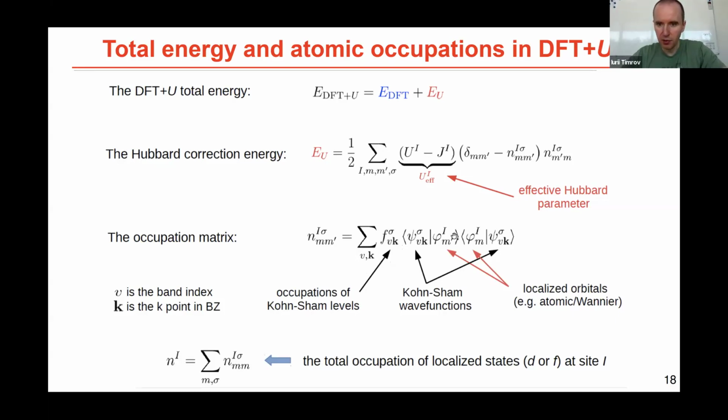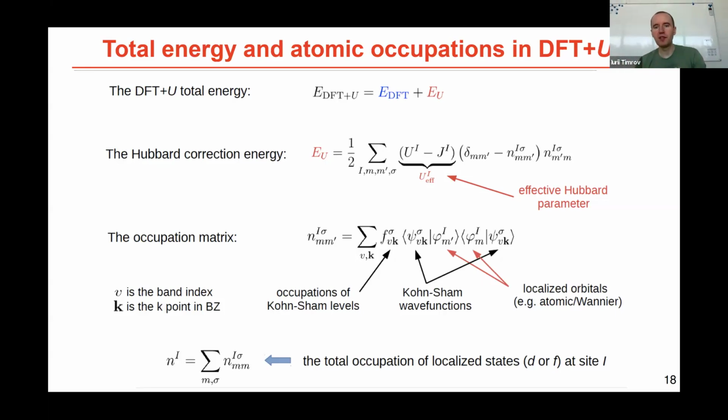And then we have 2 scalar products in Dirac notation. We have psi, sigma, Vk, which are the quantum wave functions, depending on spin, band index, and k point. And phi are the localized orbitals. It could be atomic or Wannier functions. So what does it mean? We are projecting quantum wave functions psi onto localized orbitals, which could be, let's say, atomic orbitals.